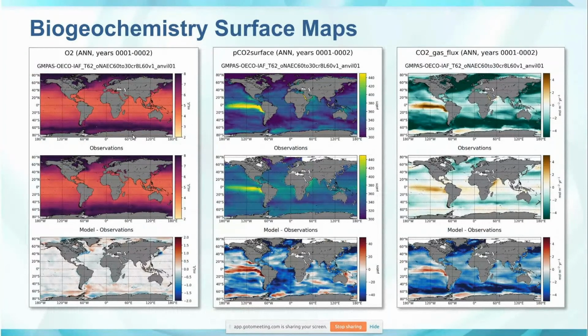So looking at the surface of the ocean for now, at least, because that's where we have satellite observations to make good comparison. So I put up 3 examples here, but I believe there are 8 or 9 different fields at least that can be compared against observations. And so we have O2, pCO2, and CO2 gas fluxes as just some examples.